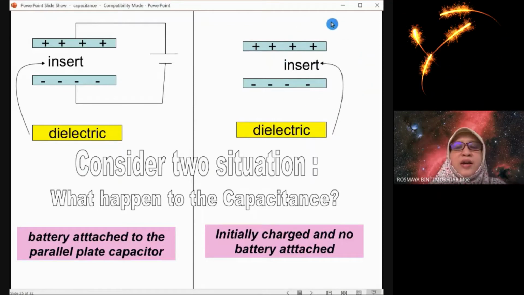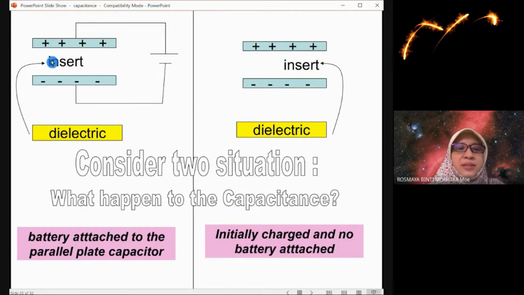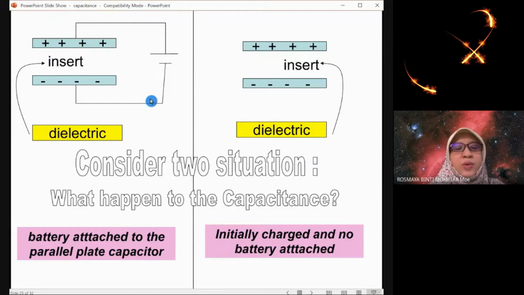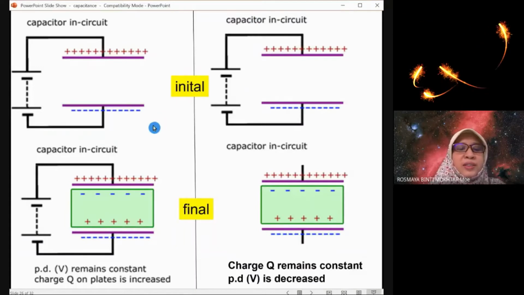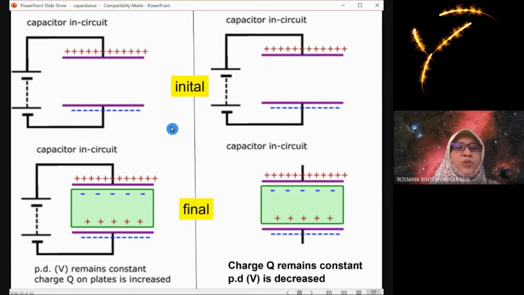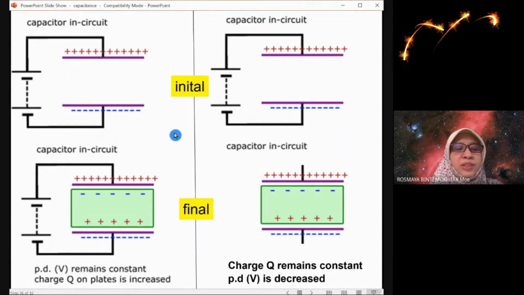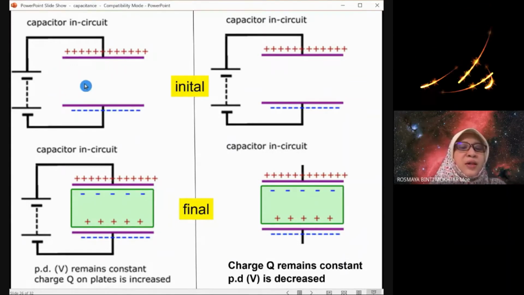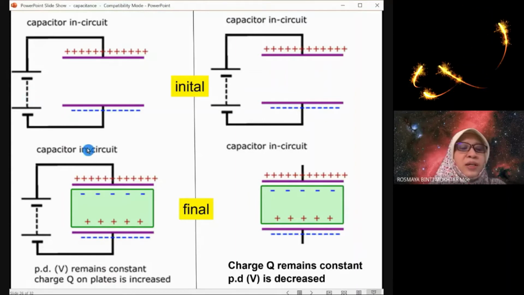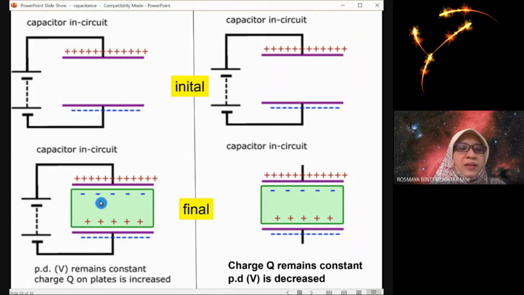Then the dielectric is inserted. So what happened to the capacitance? This is another diagram to show the situation. The first one is the capacitor attached to the battery, and finally the dielectric is inserted.